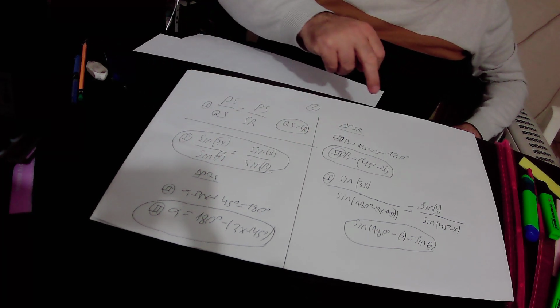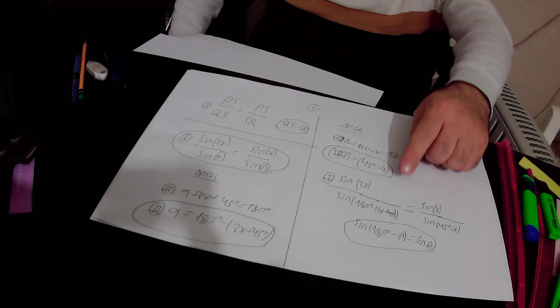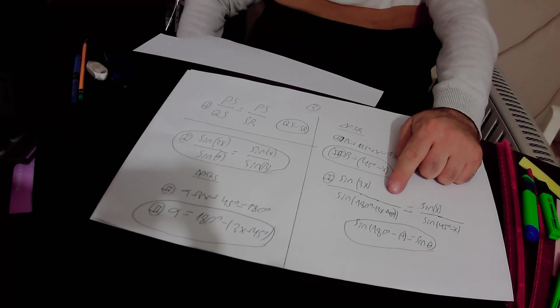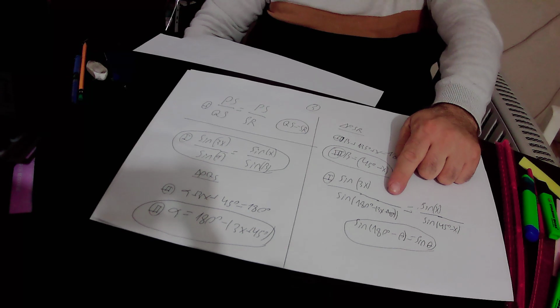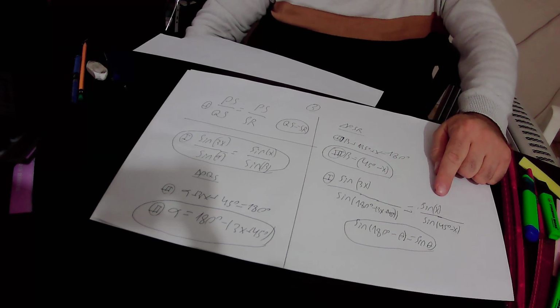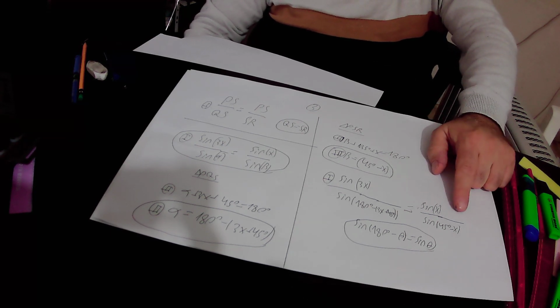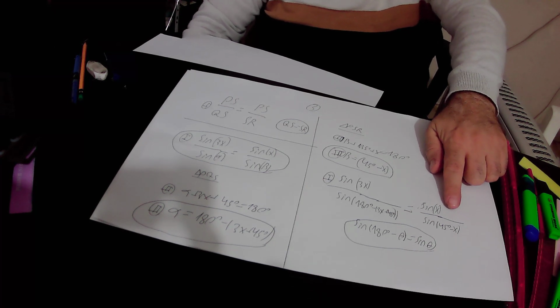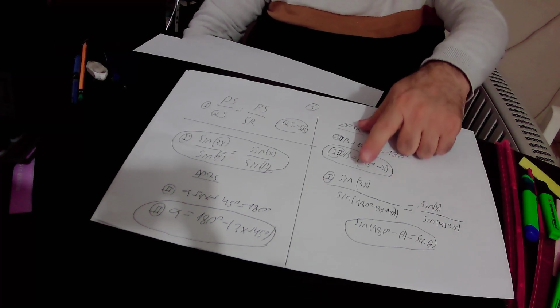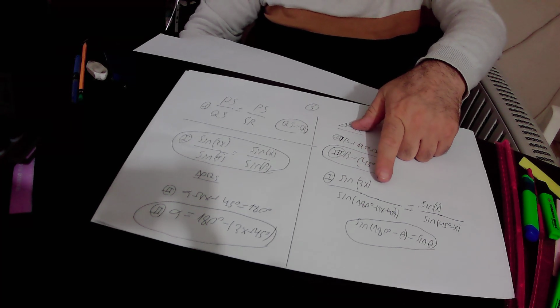And we got that sine 3x over sine alpha, and alpha according to equation number 2 equals 180 degrees minus (3x plus 45 degrees), equals sine x over sine beta, and according to equation number 3, beta equals 45 degrees minus x. And we have the trigonometric identity that states that sine of (180 degrees minus theta) equals sine theta. So we can substitute sine of (180 degrees minus (3x plus 45 degrees)) with sine of (3x plus 45 degrees).